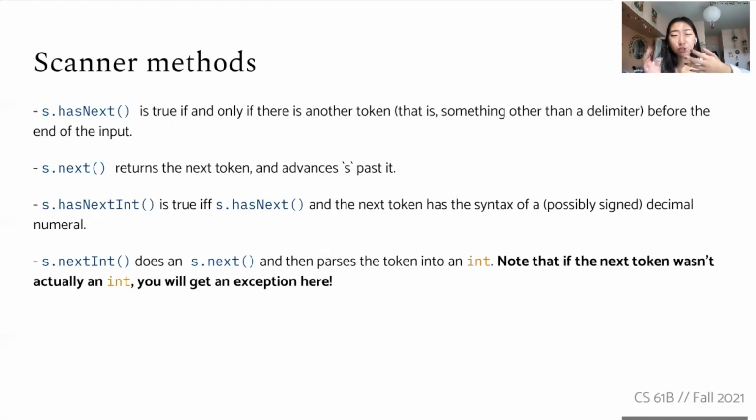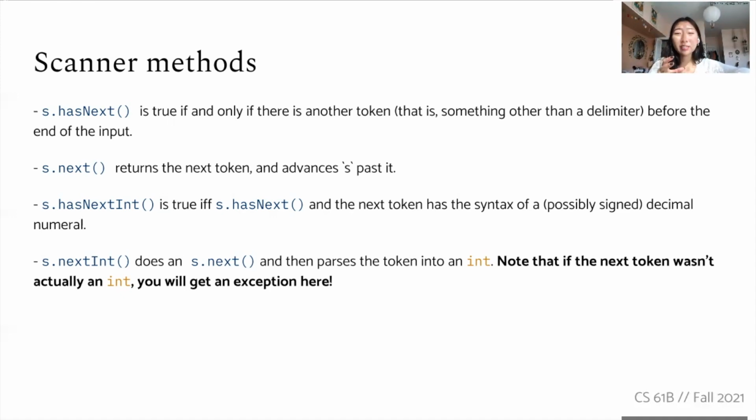S.hasNextInt is true if and only if s has next, so there's some token in general, and if the next token happens to be some sort of numeral. Just to be clear, if we had the input 1, 2, horse, 3, 4, and we said hasNextInt, for 1 and 2 it would be true.